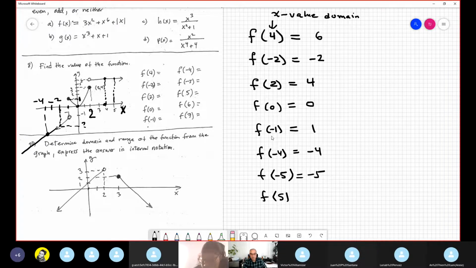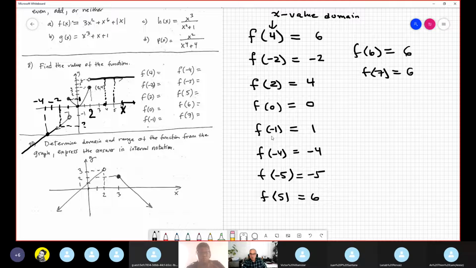Again, it's 6. And +6 and +7, I have no idea. 6 here, 7 here. I suppose that function continues constant. So 6, 6. Clear?